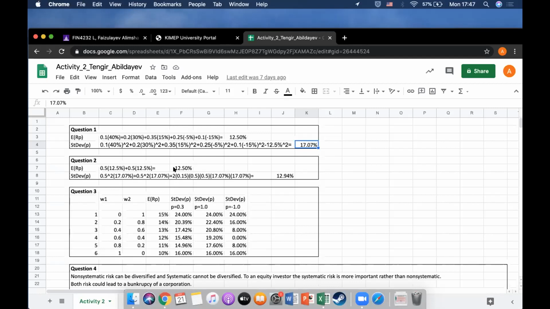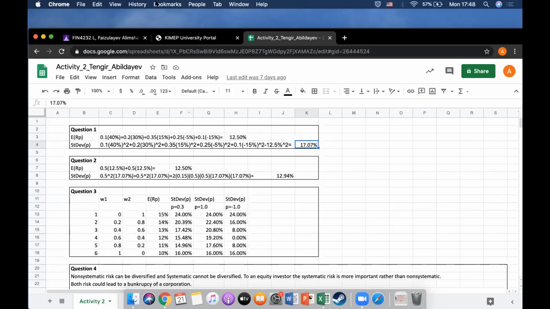For the standard deviation, we take both equal weights of 50%. We multiply them by 17.07, which is the standard deviation. But first we need to get the value of 0.5 to the power of 2, so we add this together.